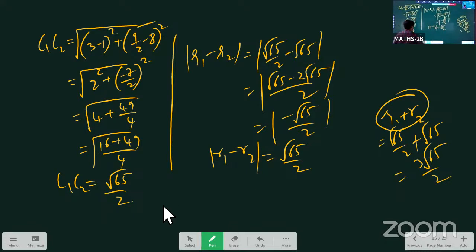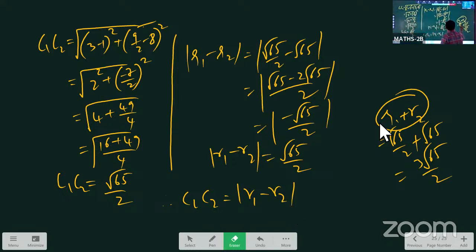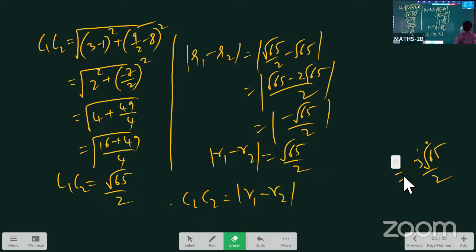It means what? Which condition is satisfying? C1C2 equal to mod R1 minus R2, so the condition is satisfying. R1 plus R2 doesn't satisfy here. You're getting my point?